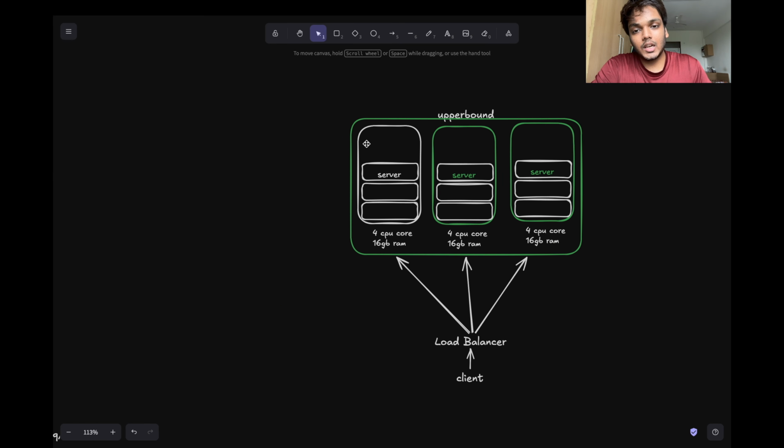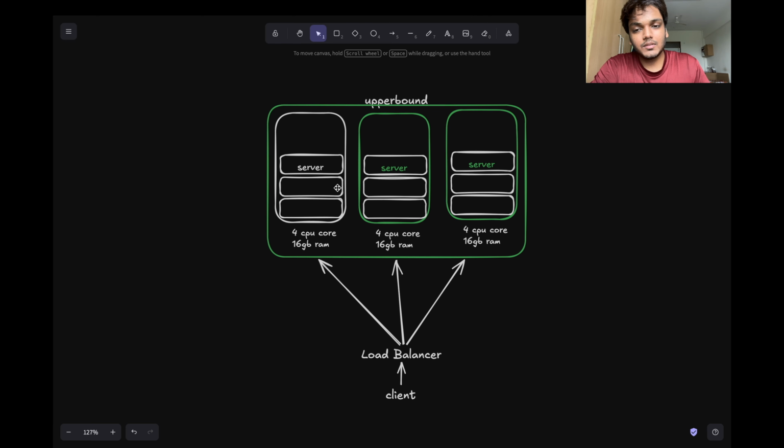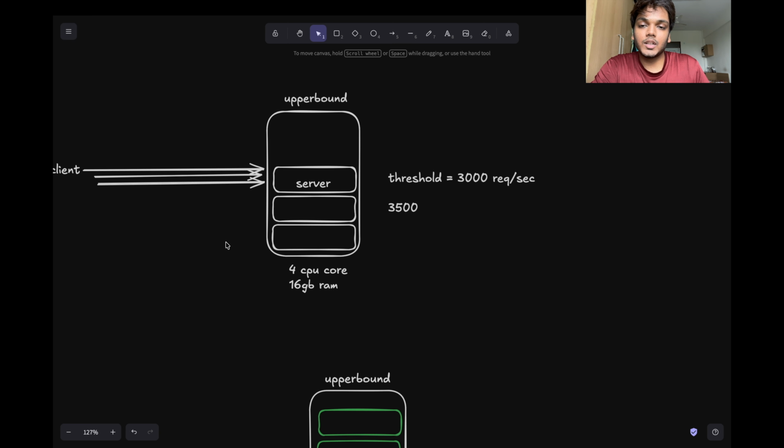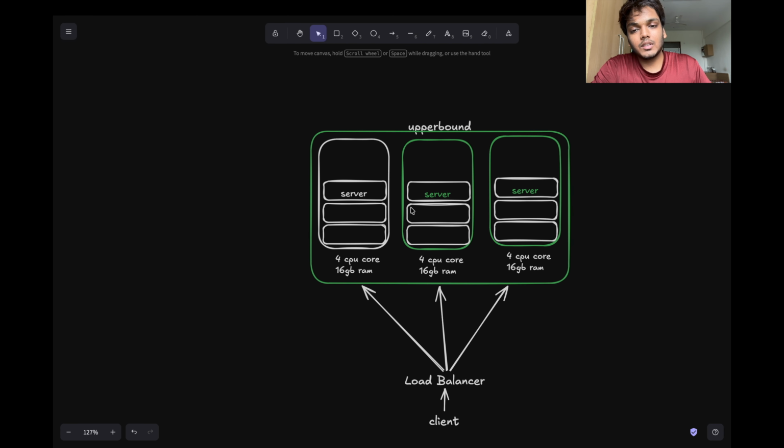We could have a server which initially was one server, and we could have multiple servers, multiple machines which could handle the incoming requests. So instead of only one machine handling those incoming requests, we could replicate the same application over different machines.